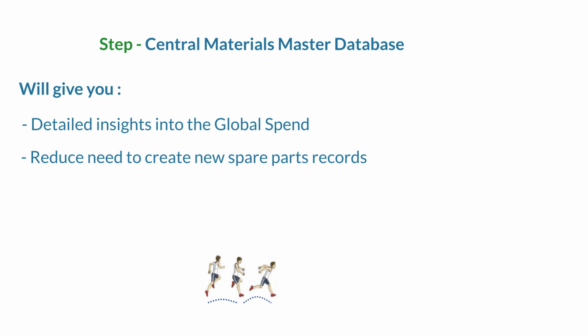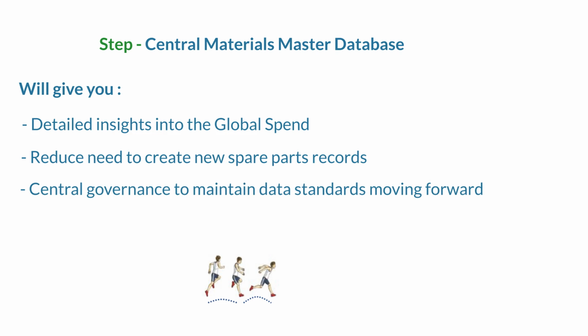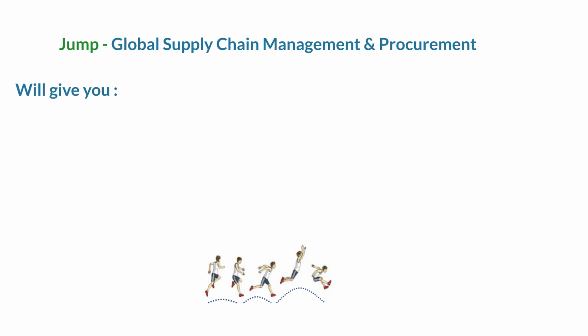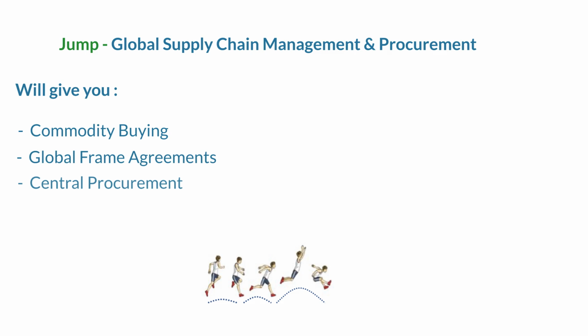You will implement central governance to maintain your data standards moving forward. This is the foundation for commodity buying, global frame agreements and central procurement, and in the end, global supply chain management. It's like hop, step and jump.